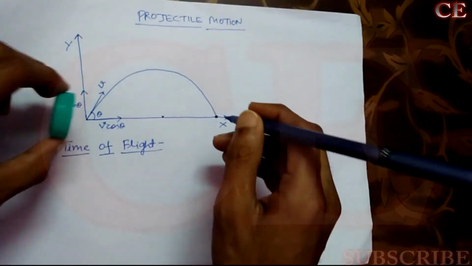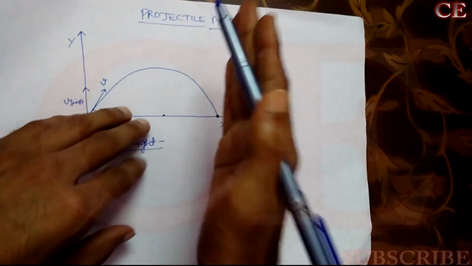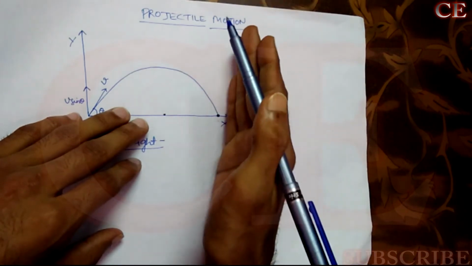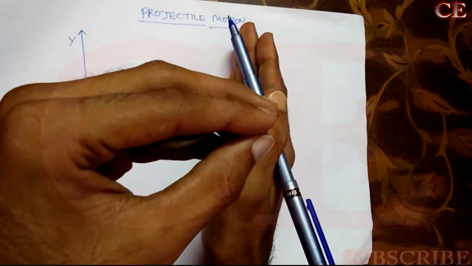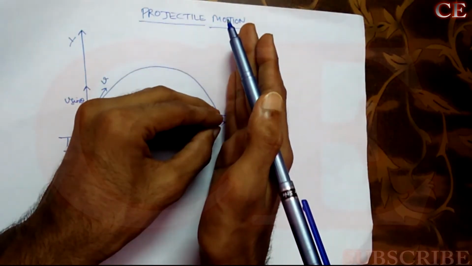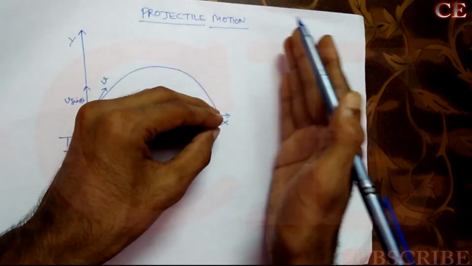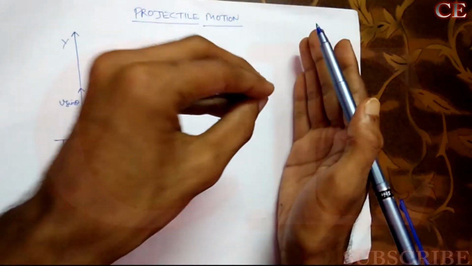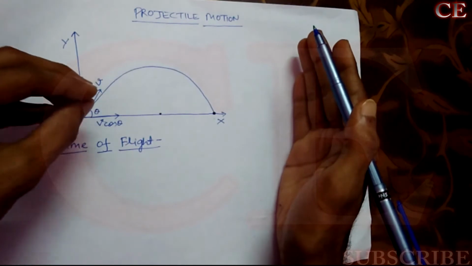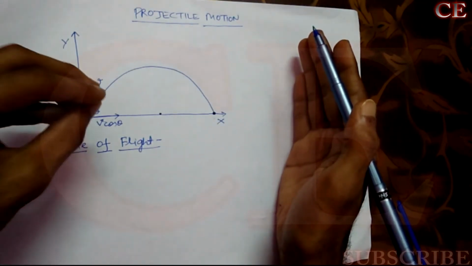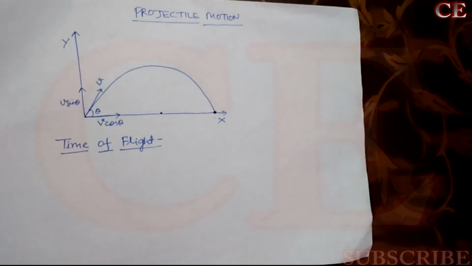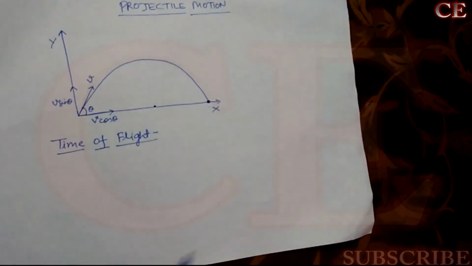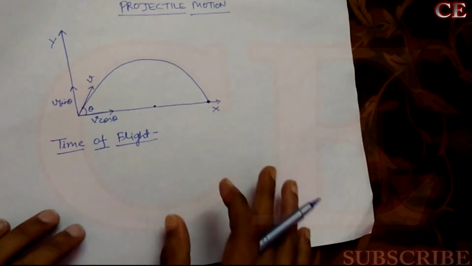In this plane we will see the ball going up and then down. This is how we convert the 2D motion of the ball into 1D motion.